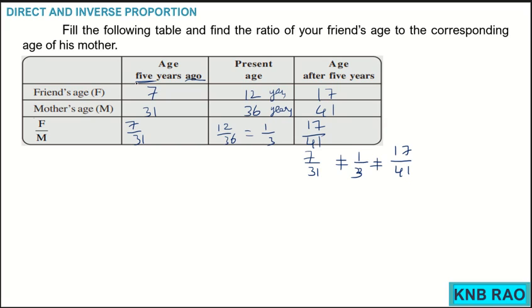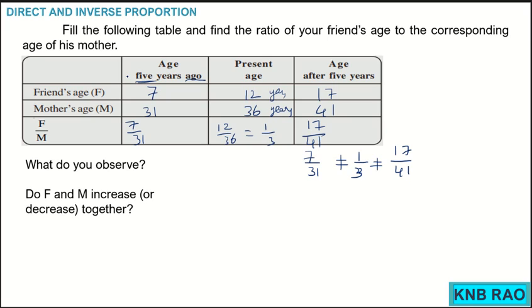So, we observe here an increment in f as well as an increment in m, but the ratio between them is not the same. So, what do we observe? We observe an increment in both the quantities and a decrement in both the quantities. And do f and m increase together? Yes, they increase together or decrease together.